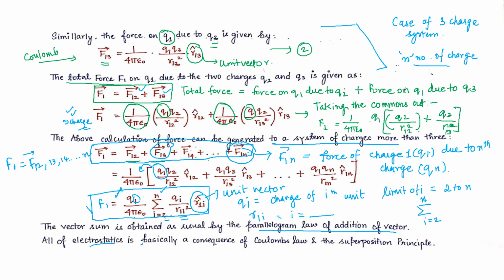electrostatics is basically based on the consequences of Coulomb's law and the superposition principle. The formula we have derived is from the basic Coulomb's law, that F is proportional to charge and inversely proportional to the square of the distance, and then the superposition principle, that a charge will superimpose the forces coming from many other charges, like all the components of forces will be superimposed when we are taking care of one single charge.